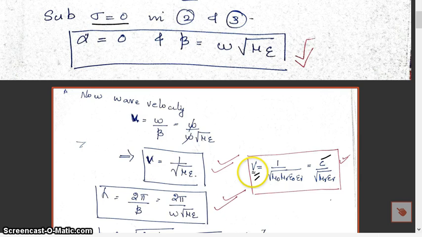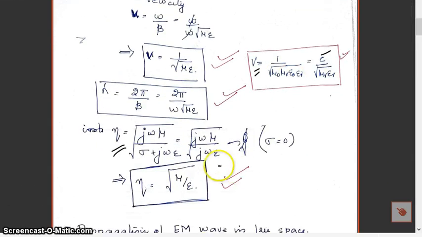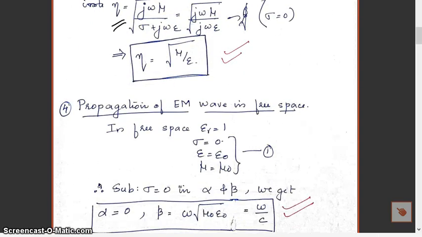And this is the relation connecting V and C: V is equal to C by square root of mu r into epsilon r, where C is equal to 1 by square root of mu 0 epsilon 0. Then lambda is equal to 2 pi by omega square root mu epsilon, and eta is equal to square root of mu by epsilon.